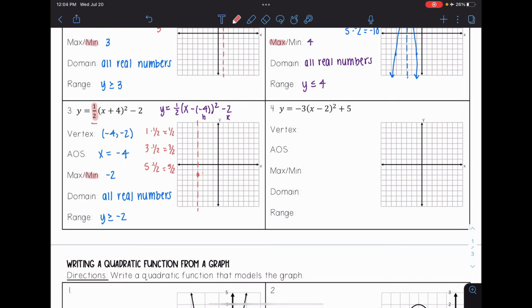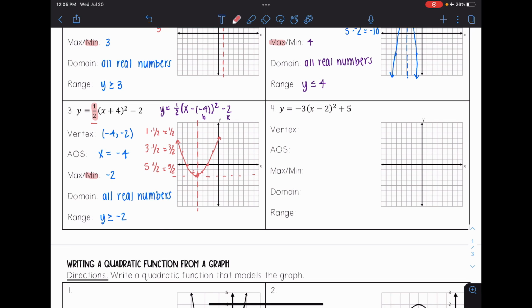Up a half, I have that right there. Then up 3 halves, which would be here, and then 5 halves, same thing as 2.5. Then draw in my parabola. To make a note on the range, you can see from our graph that y is greater than or equal to negative 2, because the lowest point of my graph is at that negative 2, and we're going everything above it.